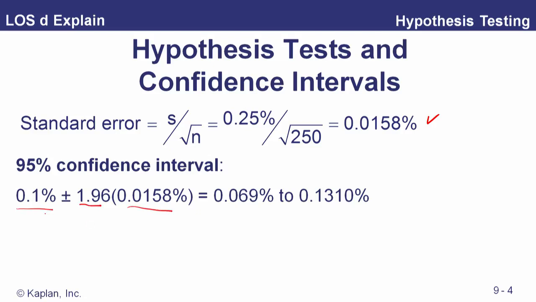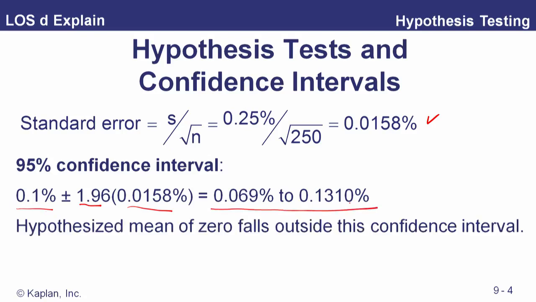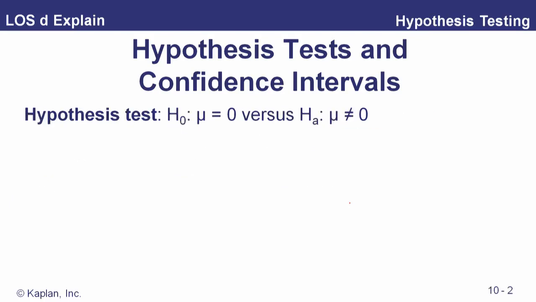So there's our confidence interval there, 0.069% to 0.131%. So our hypothesized mean of 0 falls outside this confidence interval. So we can reject that.